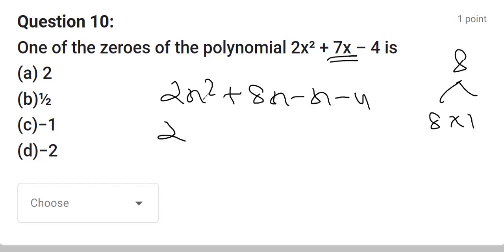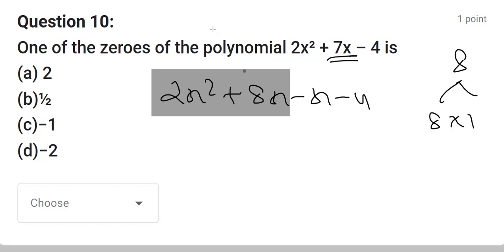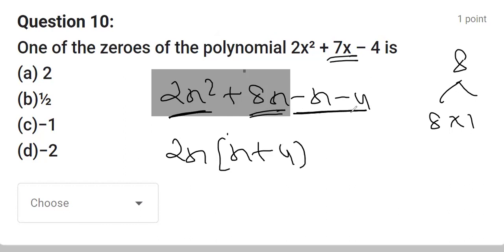Common between the first two terms, here we're getting only 2x as common. On dividing this by 2x, we are getting x. On dividing this by 2x, we are getting 4. Make sure when you take common between the last two terms, there is nothing common and there's a minus sign.